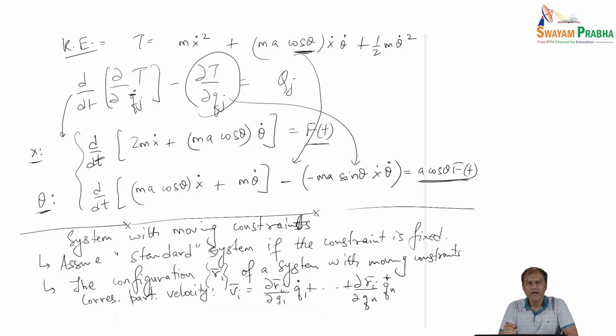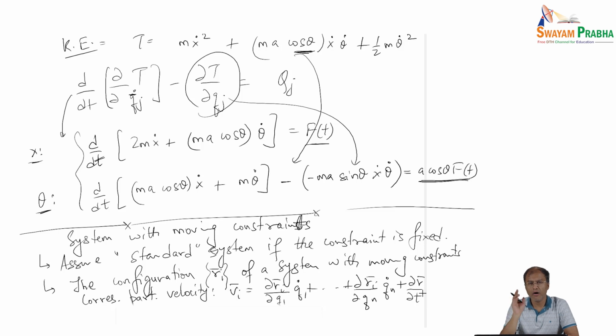So this is my velocity in the generalized coordinates. Plus, what we should not forget is there is one more hidden variable in the system, which is the time itself. So partial Ri partial t, right? So time is an independent variable which is implicitly hidden.